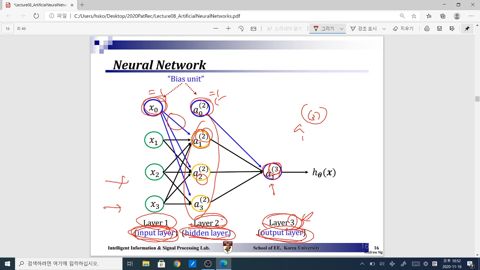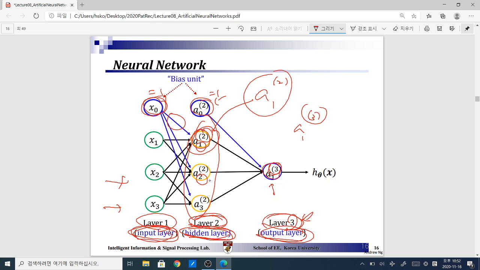So the first unit of layer 2, the hidden layer, would be denoted by a sub 1 with a superscript 2.